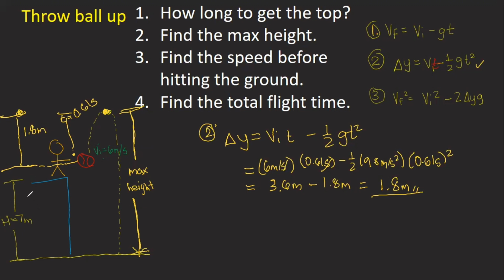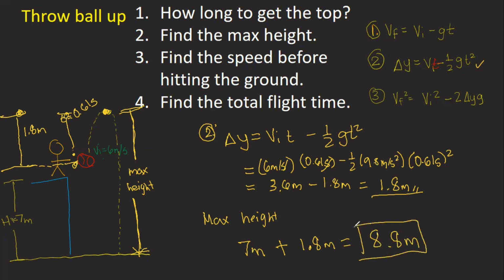We know that we have here 7 meters. In order for us to solve for the maximum height, we need to add the 7 meters given plus this point until it reaches the top, which is 1.8 meters. Therefore, the maximum height is 8.8 meters. So this is the maximum height.